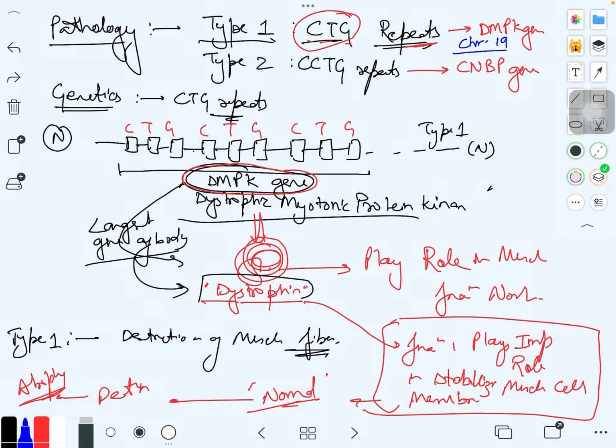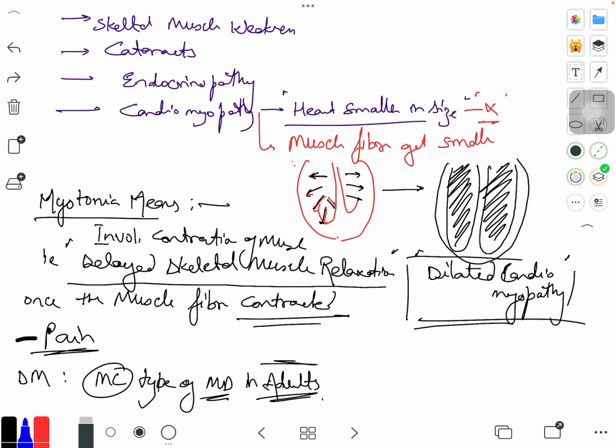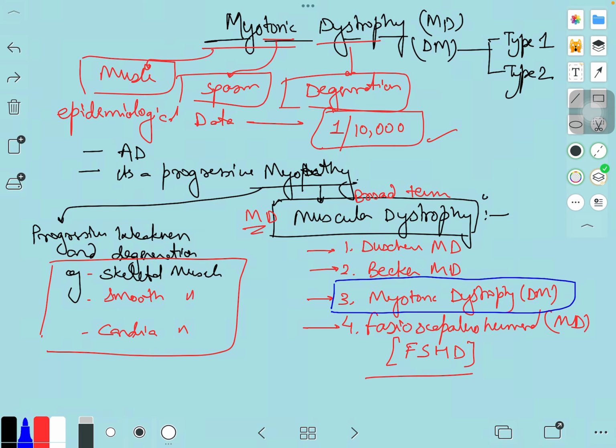And CNBP is found on chromosome number 3. This B looks like 3. So you can use any of the methods to remember. So 19 and 3 for myotonic dystrophy.